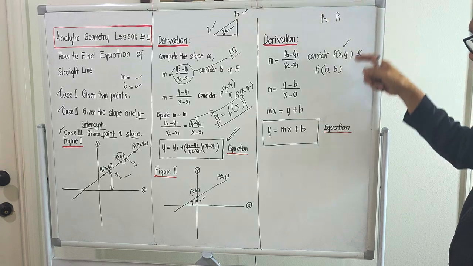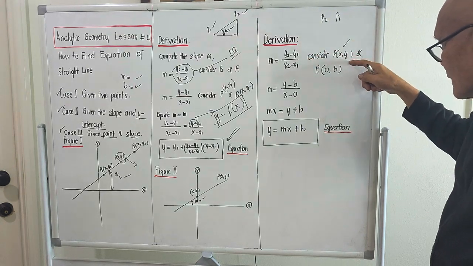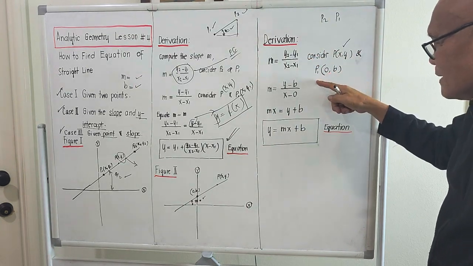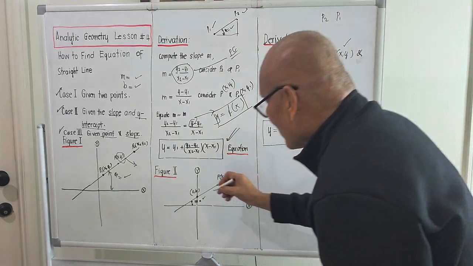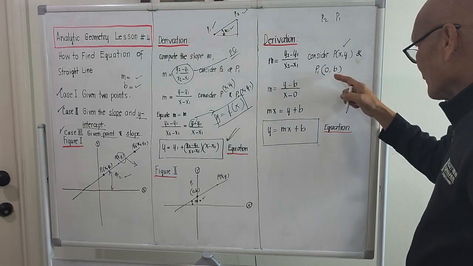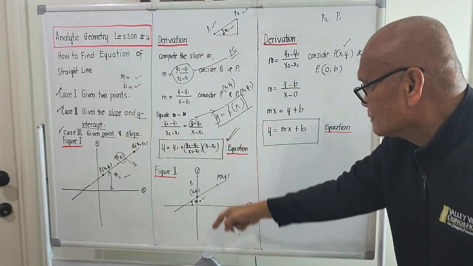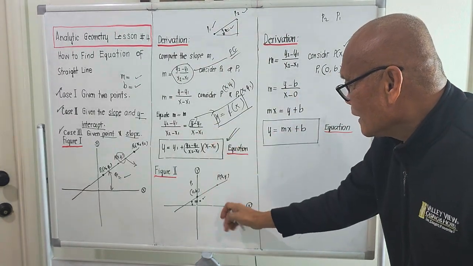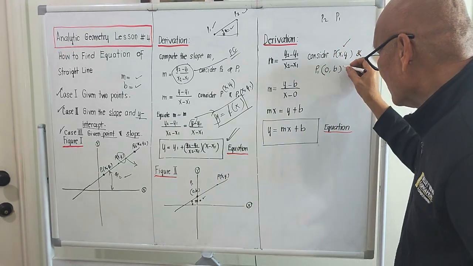Okay? So consider point P with coordinates x, y, the intermediate point, and P1 will designate the y-intercept. The coordinates are 0 for the abscissa, and the ordinate is small letter b.